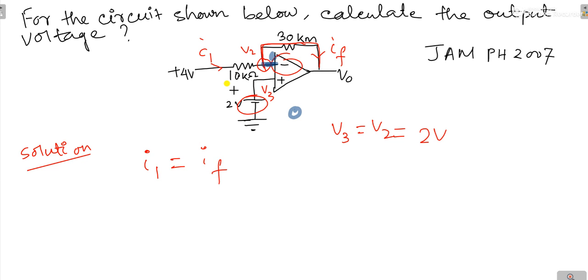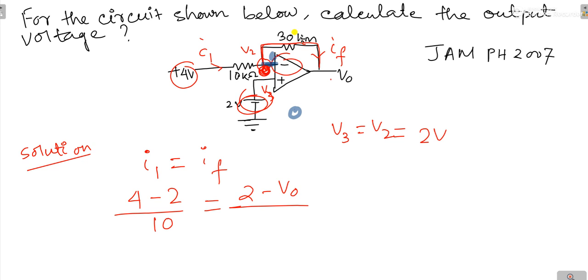So what is the value of I1? This is 4, and this is the potential difference, and the value is 2 volt. So (4 minus 2) divided by 10 kilo ohm is equal to (2 minus V0) divided by 30 kilo ohm.